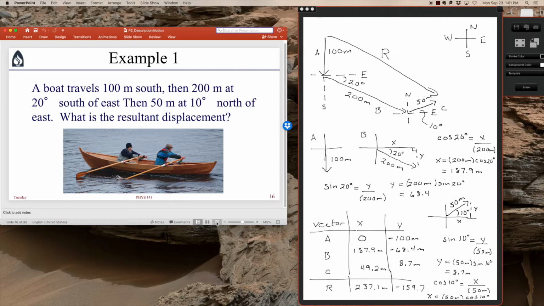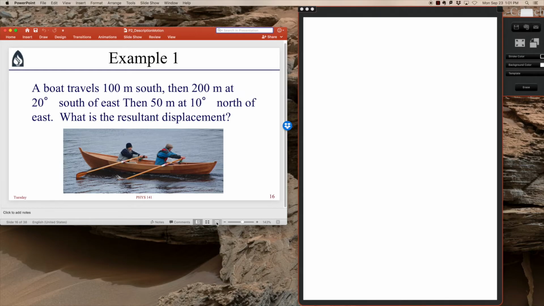Now, just as a reminder, what we found before was that my resultant vector's x component was 237.1 meters, and the y component was negative 159.7 meters. So let's draw that vector.